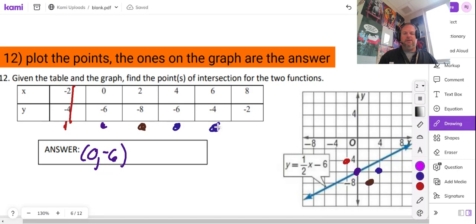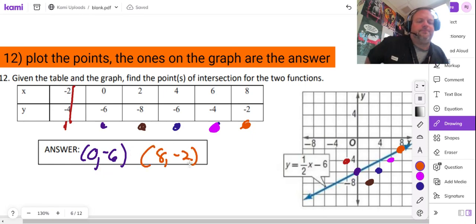Again, that was supposed to be pink. This is supposed to be 6, -4. Ooh, barely. And then 8, -2. All right. So again, yeah, those were by twos.